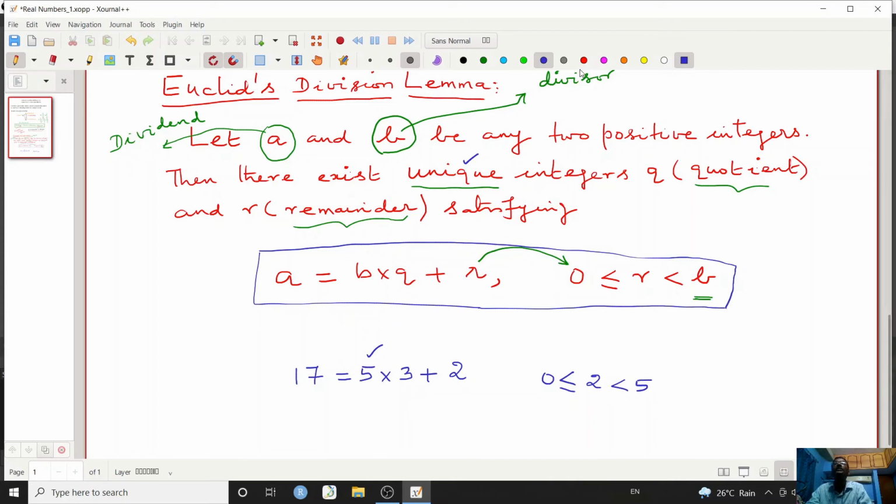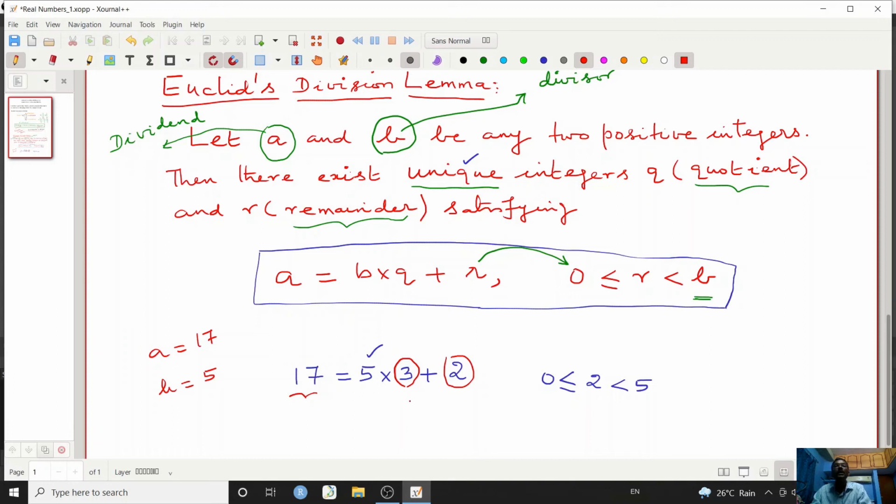And what do we mean by unique? Now we are going to explain that. Whenever we are given 17 as our A, if A is 17 and your divisor B is 5, then you can find only these two integers, 3 and 2. No other number can come here. So 17 is equal to 5 times 3 plus 2.